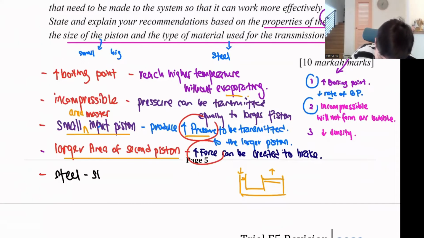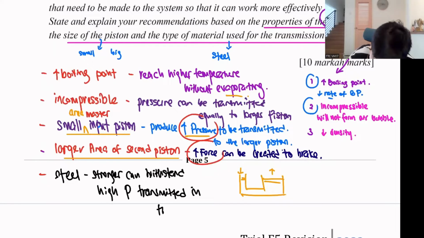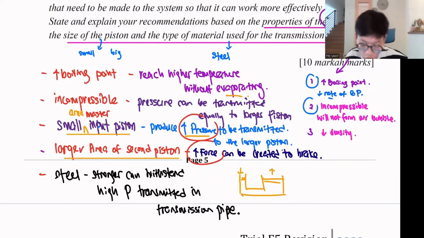Because it's stronger, it can withstand the high pressure transmitted in transmission. So this is very strong, so it can withstand the high pressure because you're going to squeeze it, so the pressure inside is going to be very strong. Okay, can?